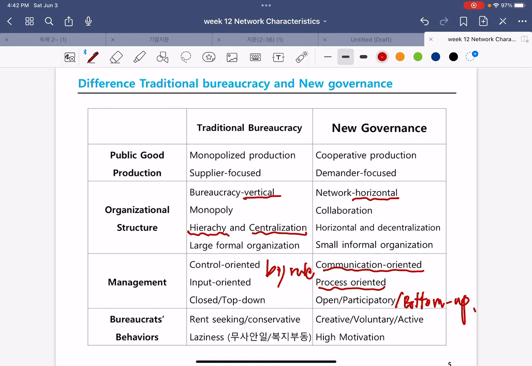Therefore, in the new governance, control is not important. Control is not needed. Voluntarily, the actors participate in the new governance to provide good services. They have high motivation, intrinsic motivation, internal motivation, right?